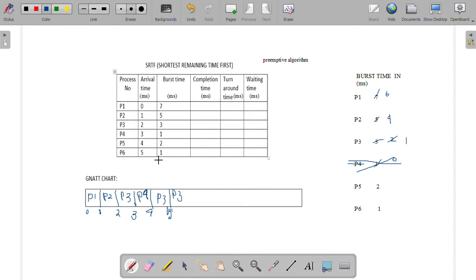Once all the processes have arrived, it is simply the SJF, shortest job first, scheduling algorithm. In other words, we will not schedule each process for 1 millisecond; we will simply follow the same procedure we used in the shortest job first algorithm.